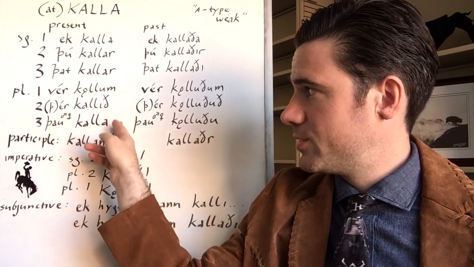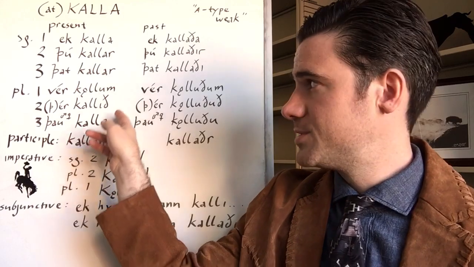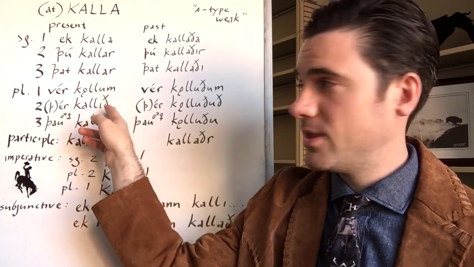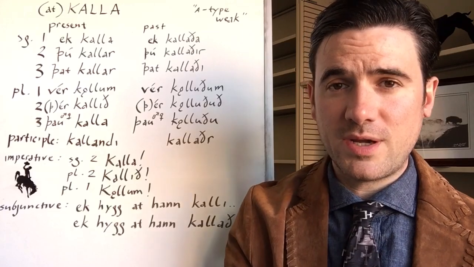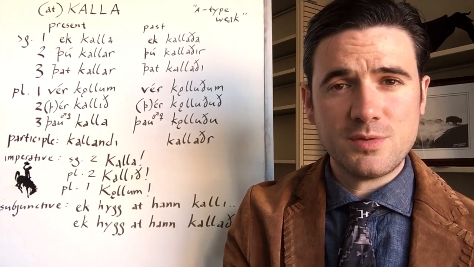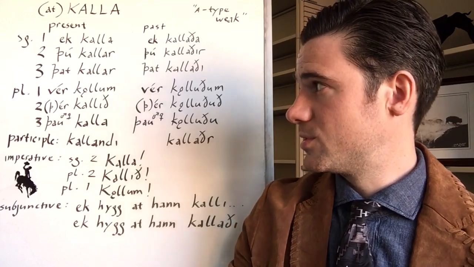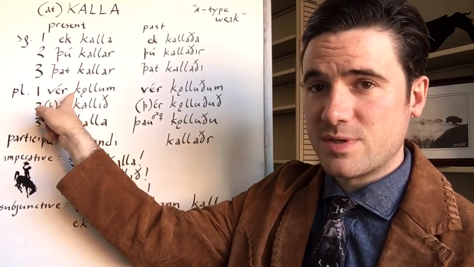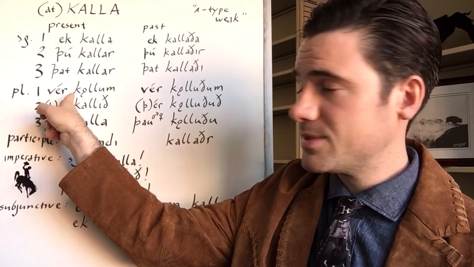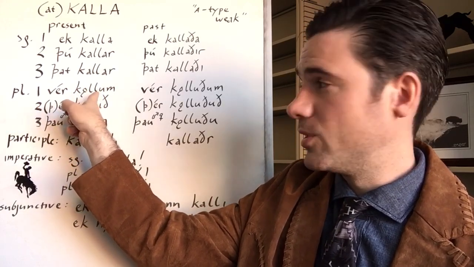But as I mentioned before, the plural present endings are the same for all verbs. So vér köllum, þér kallið, þeir kalla. Now in my video about how nouns work, I mentioned the rule called i-mutation, or u-umlaut, which states that in Old Norse you cannot have a word that has an A in a stressed syllable, and the first syllable is always stressed, and a U in a following syllable, in the same word.